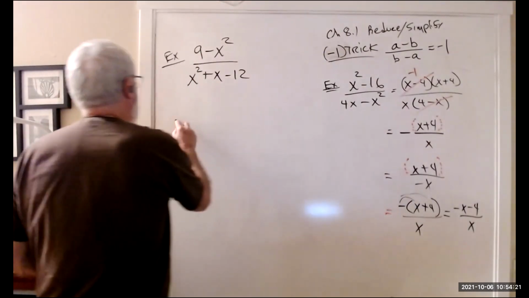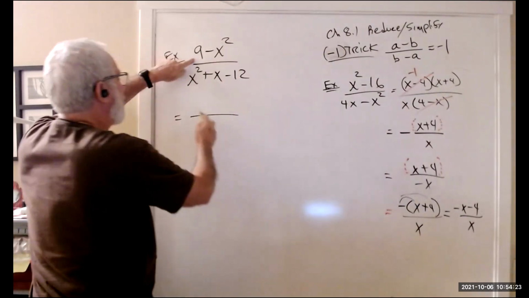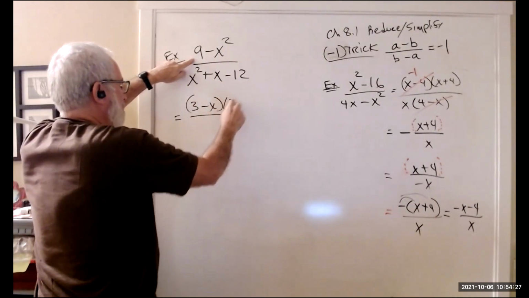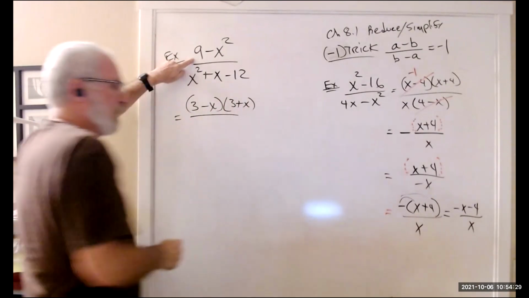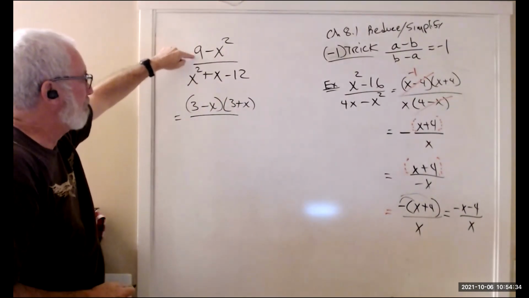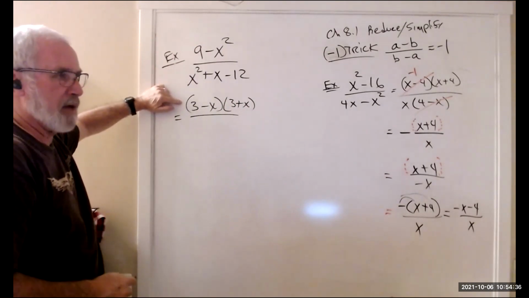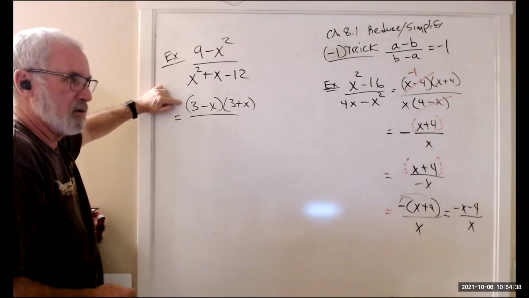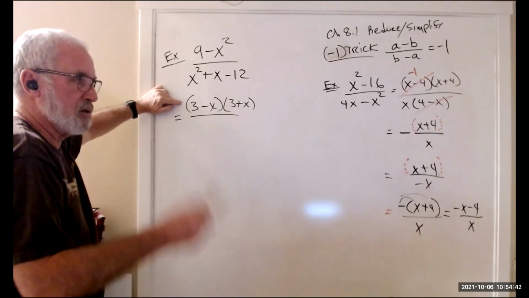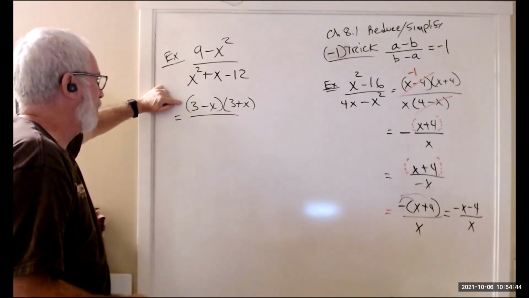Okay, so the numerator is a difference of squares. It will become 3 minus x, 3 plus x. Again, guys, if you need me to show you my work, how I went from here to here, I will be happy to show you that. Don't let me talk so fast that I overrun you.